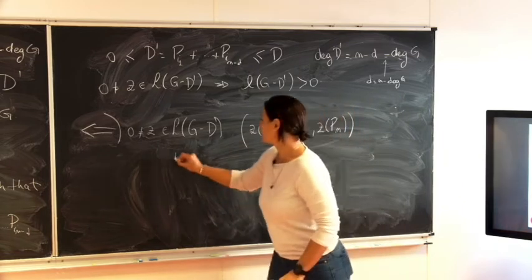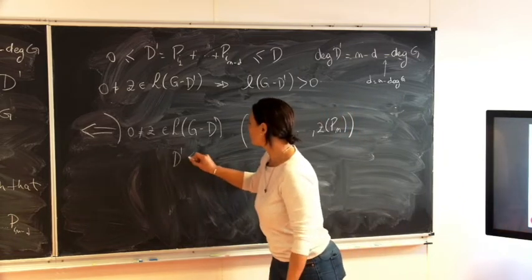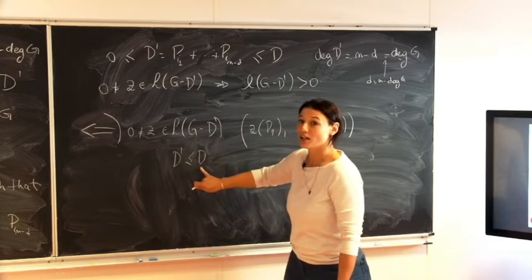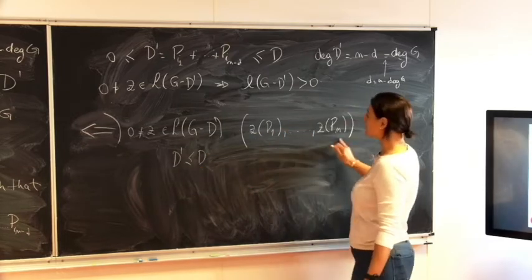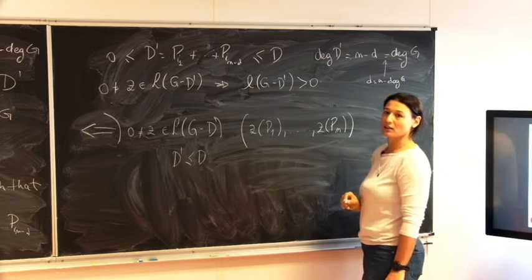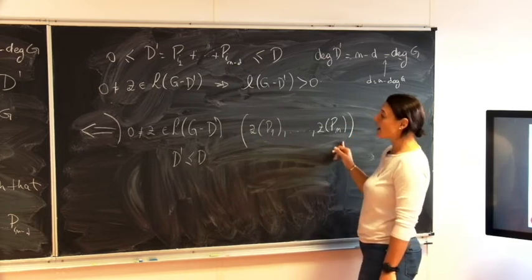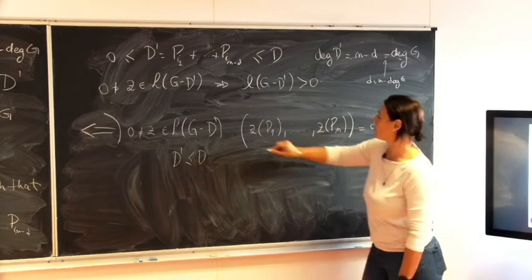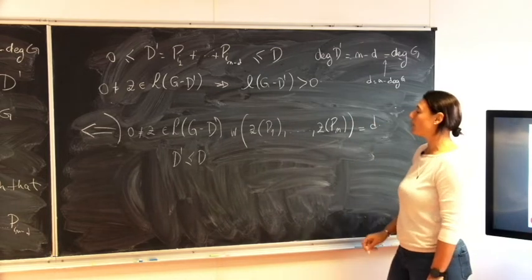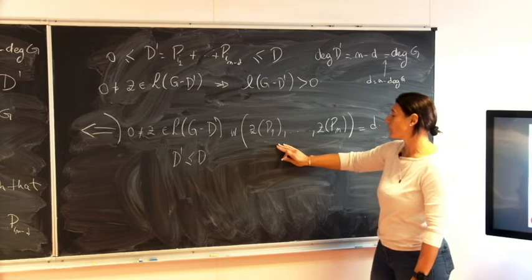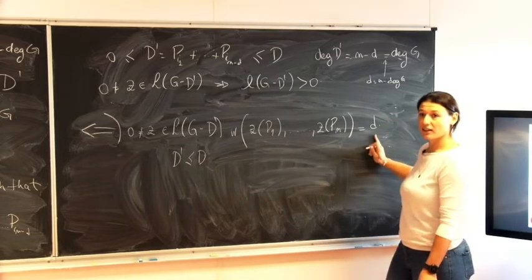Remember that D prime is formed with some of the places of D. So I have n minus d places in the support of D which are zeros of c. And so if this word has n minus d zeros, then it has d non-zero coordinates. And so the weight of this word is exactly this, d.